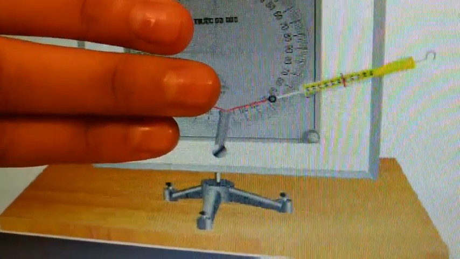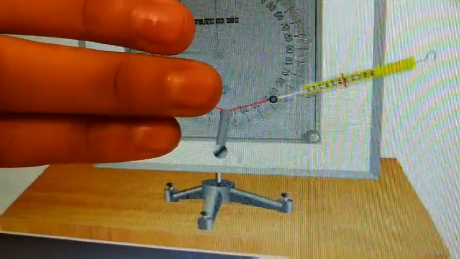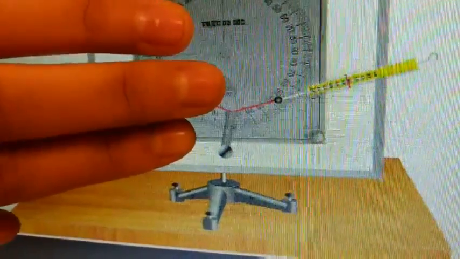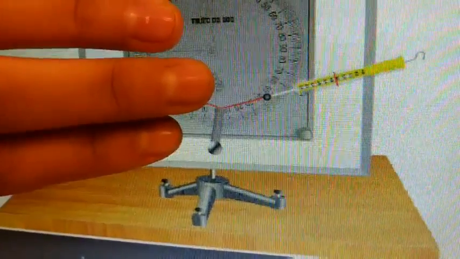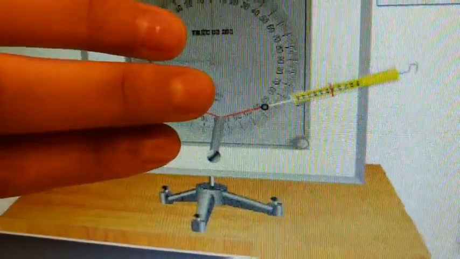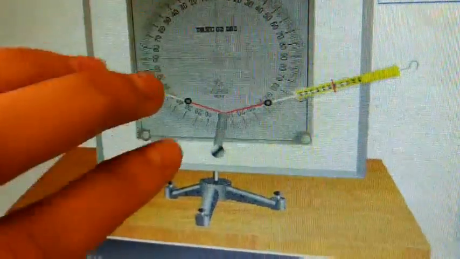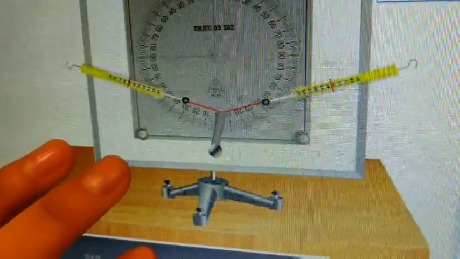Now only a single force affects the spring. So that has the same effect as the two concurrent forces. So we perform this part.